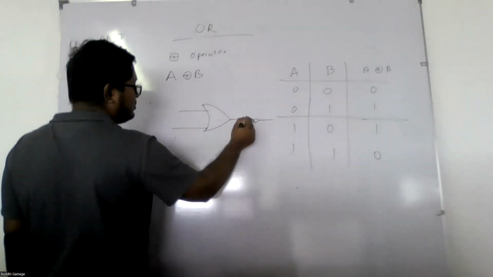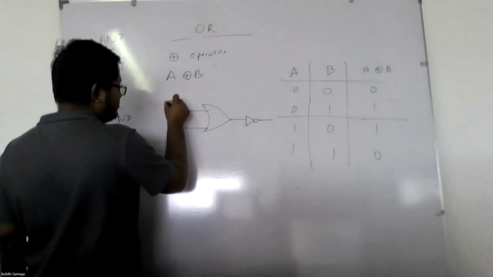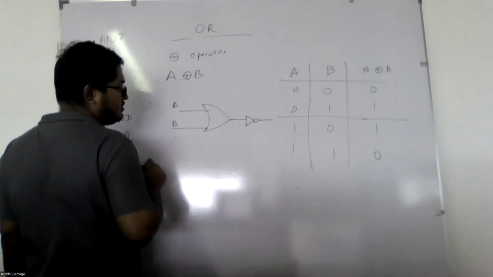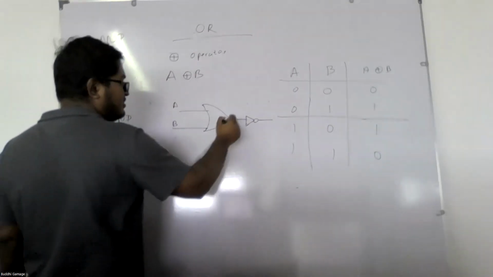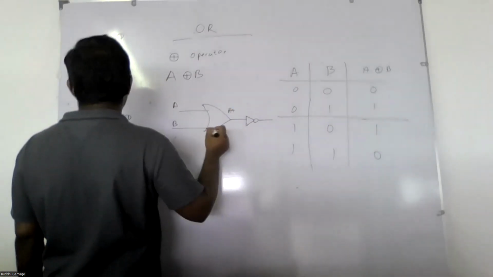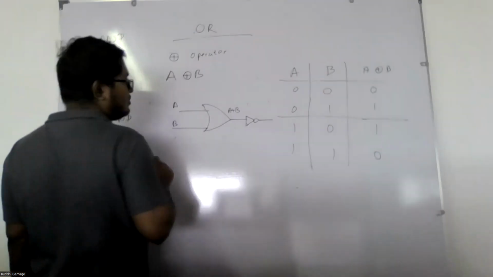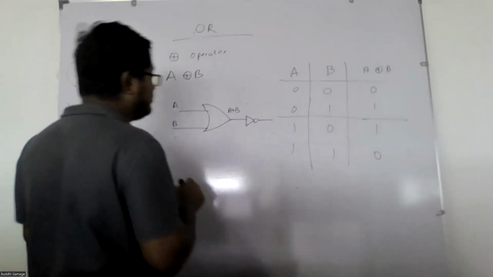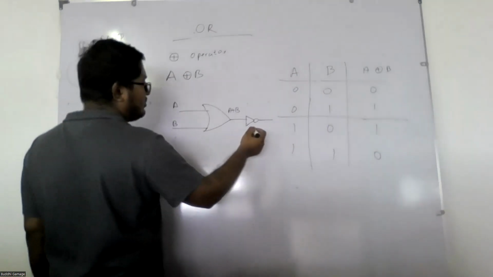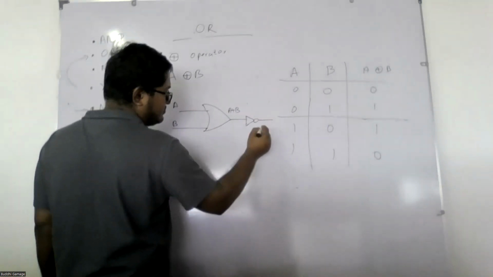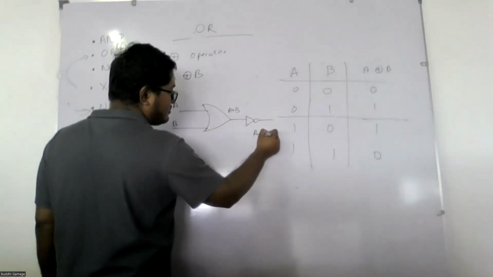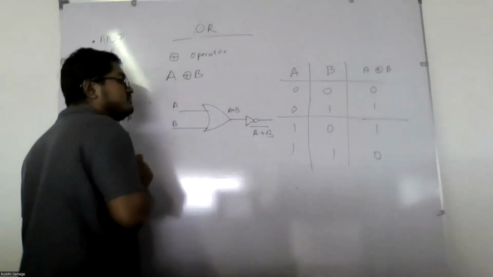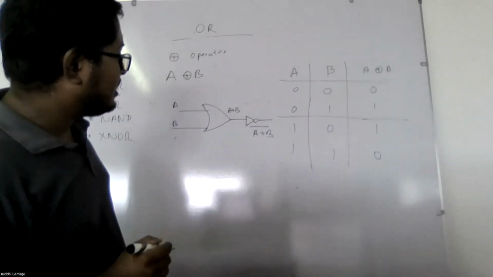So now we are connecting the logic circuit with inputs A, B. What is the answer here? A plus B, or A OR B. Now we are going to negate the whole thing. That is (A plus B) not.